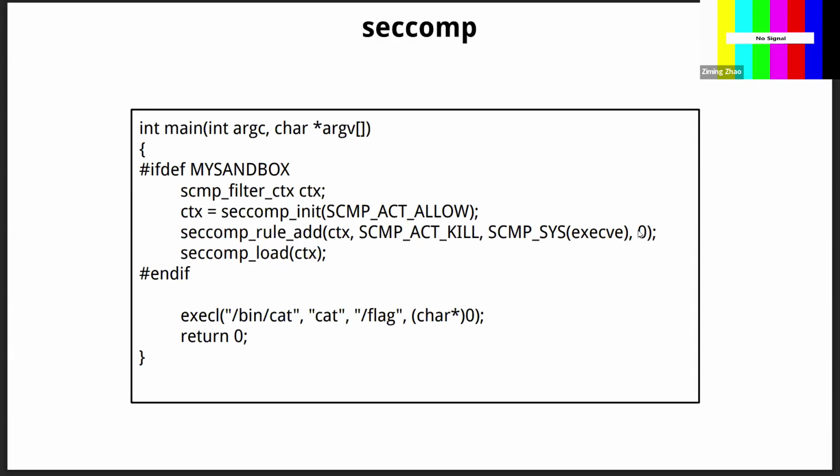First, we set up the secure module context. Then we initialize the policy as all system calls are allowed. Then we add a rule saying that if there is an execve system call, we are going to kill this process. Then we just load that policy. That's it.